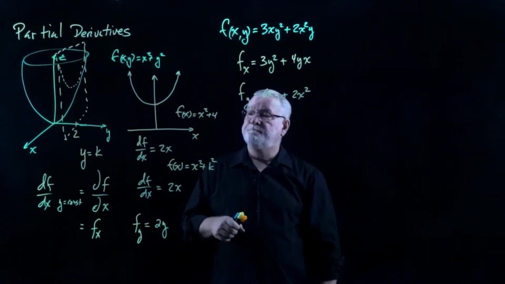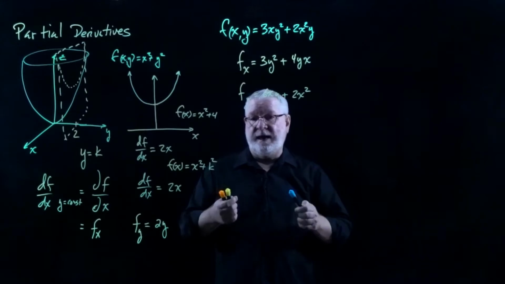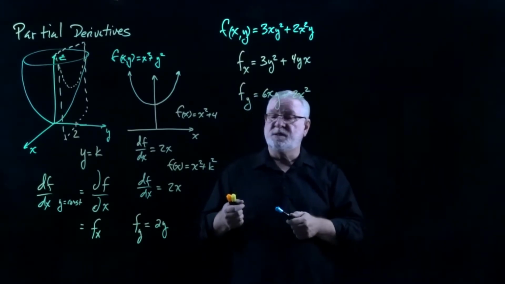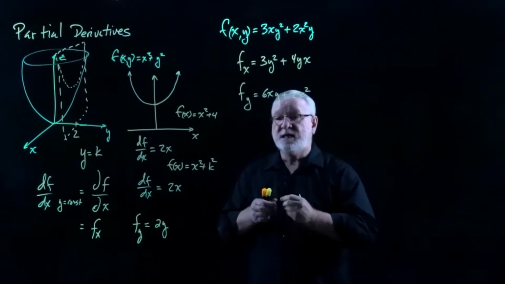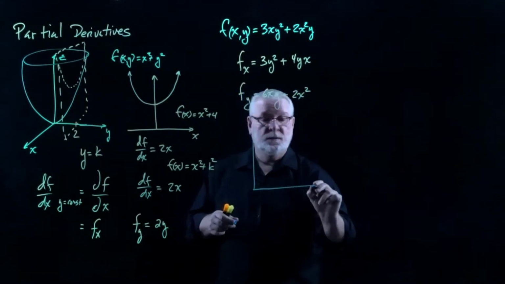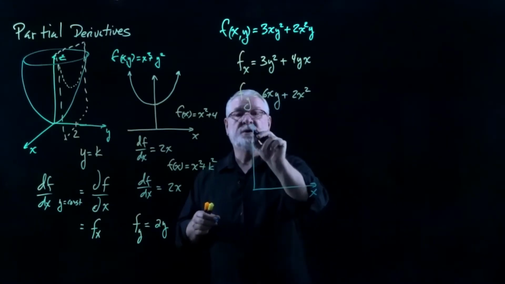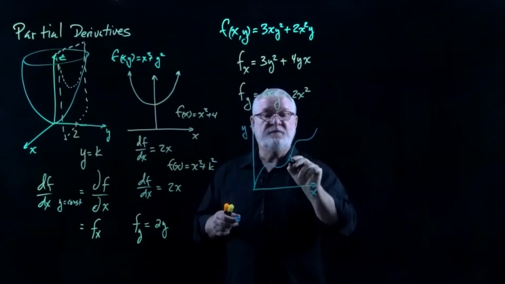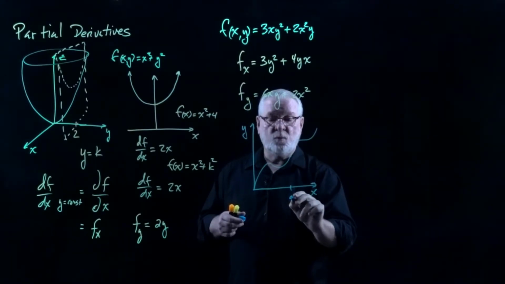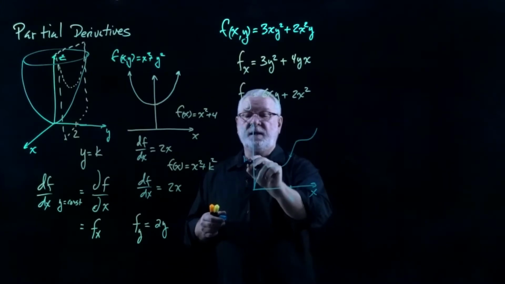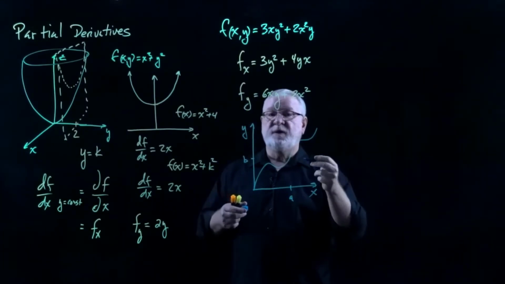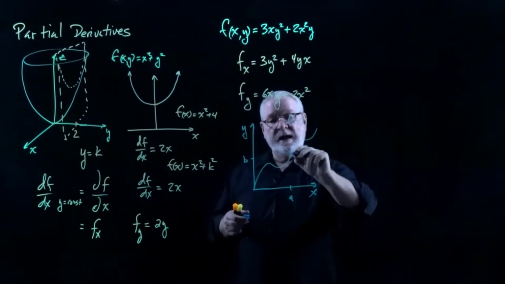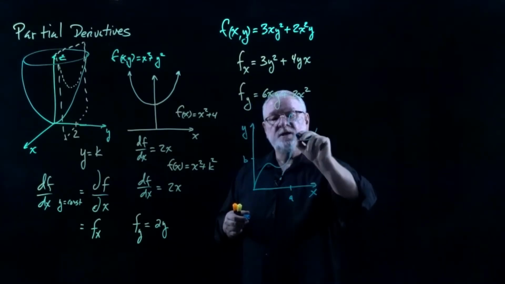Okay, let's take a look at a surface, and just like we did with derivatives in single variable calculus where we found a tangent line, so if we had an xy function that was graphed, we knew that if we found the derivative at a point, so this point would be a, b, then we could find f prime of x, and then plug in a, and that would give me the slope of a tangent line.